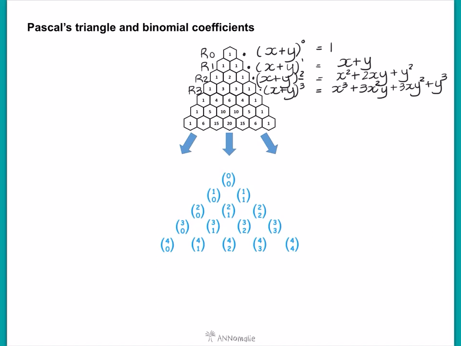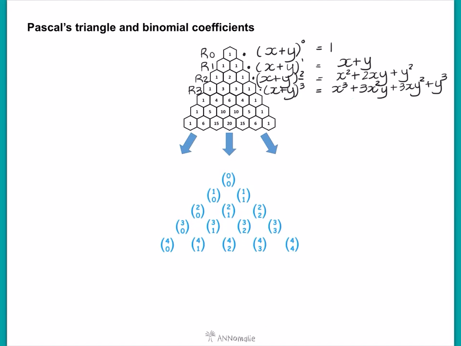So, in this triangle, we can now see that it has the exact same coefficients for the expansion of a binomial. For x plus y to the power of 1, I've got 1x and 1y. For x plus y to the power of 2, 1x squared, 2xy, and then y squared, also 1. With the power of 3, 1, 3, 3, 1.